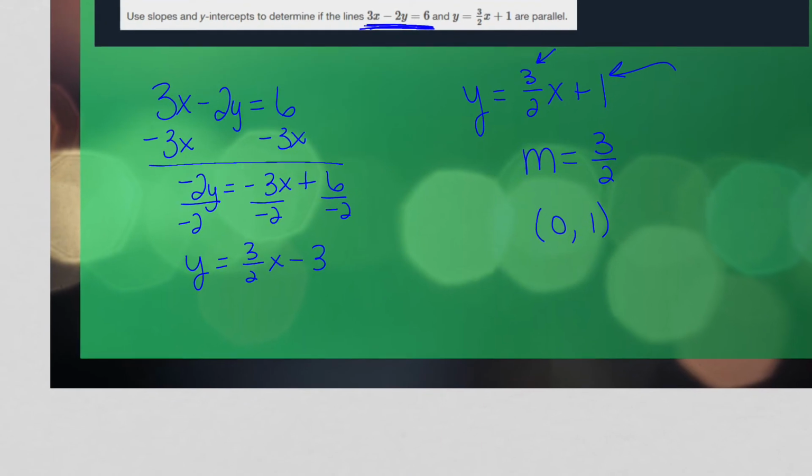So that gives me a slope of 3/2. So notice this slope matches that slope. And our y-intercept on this one is 0, negative 3. So notice your y-intercepts are different, but our slopes are the same. So that means that, yes, these lines are parallel.